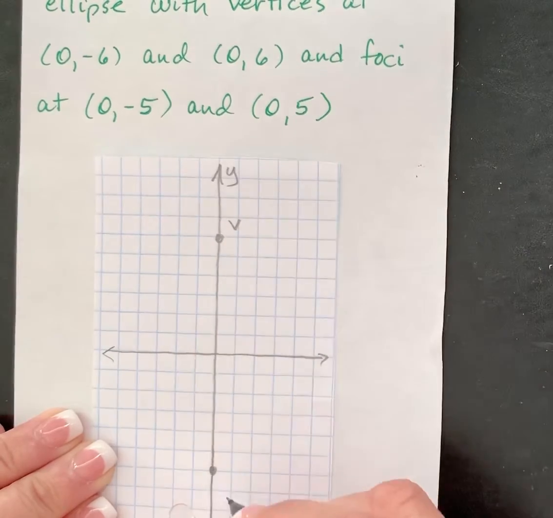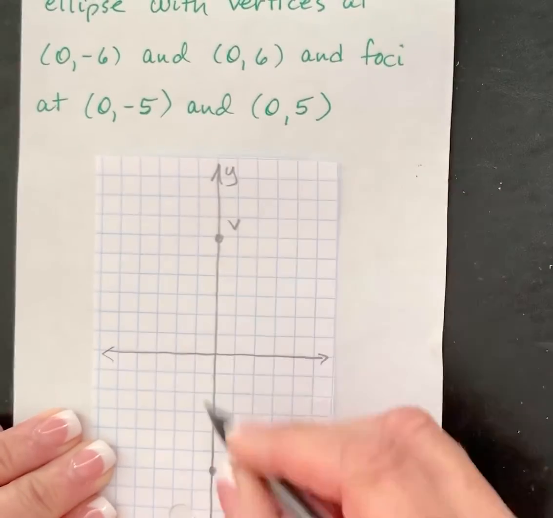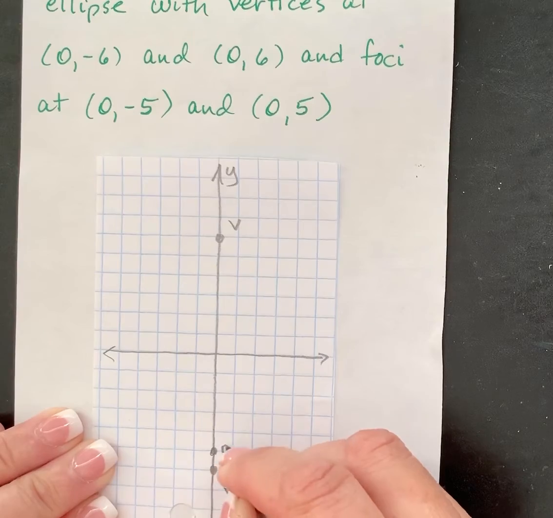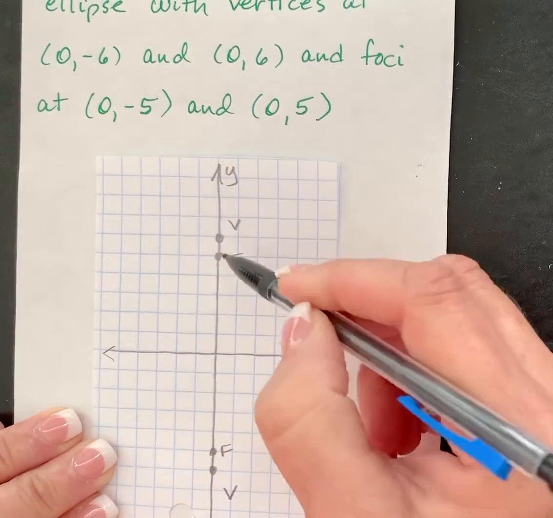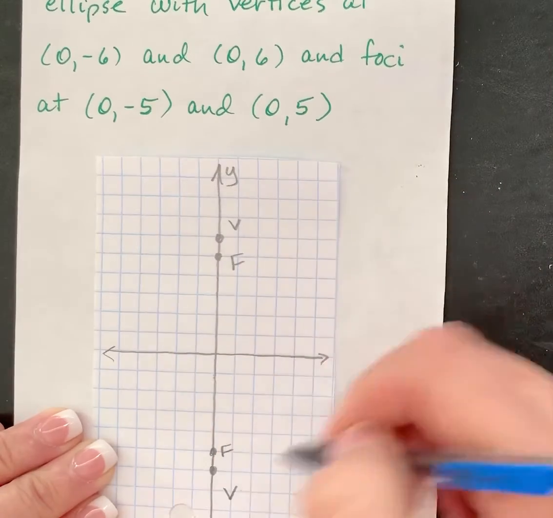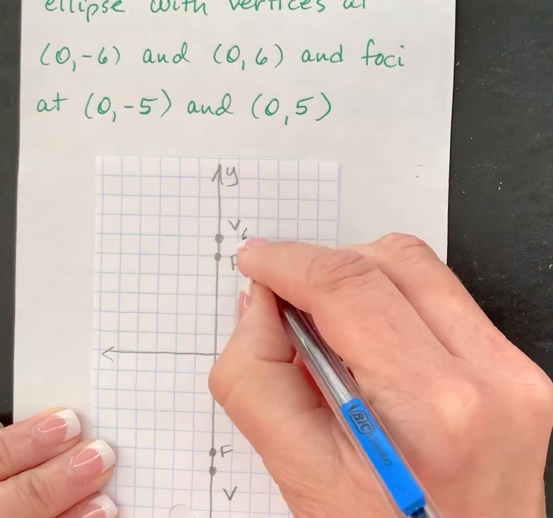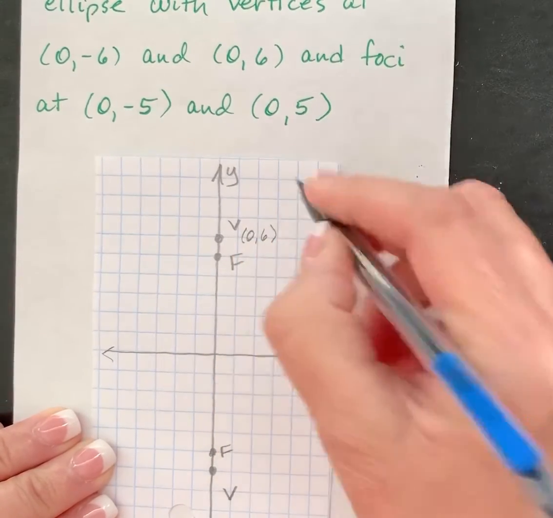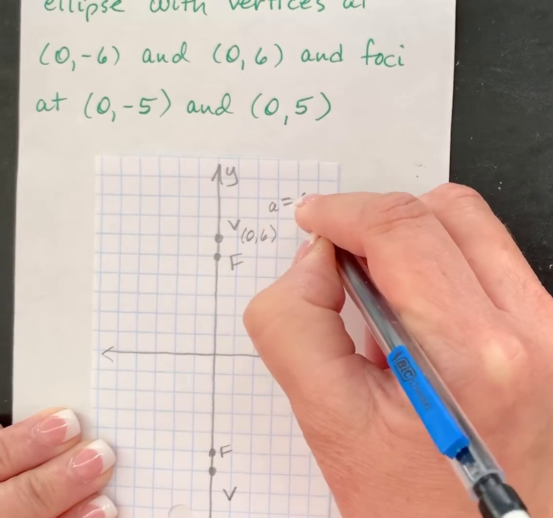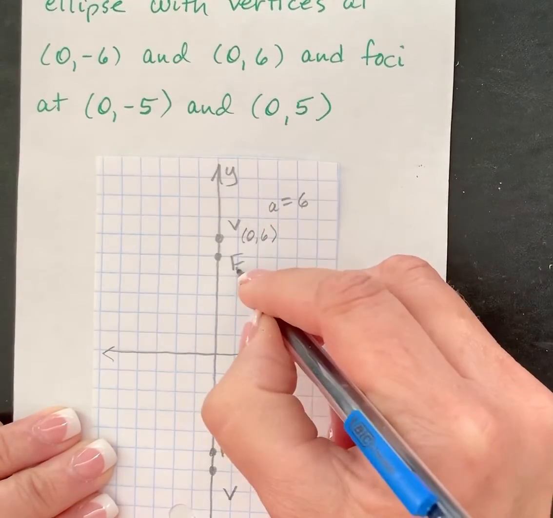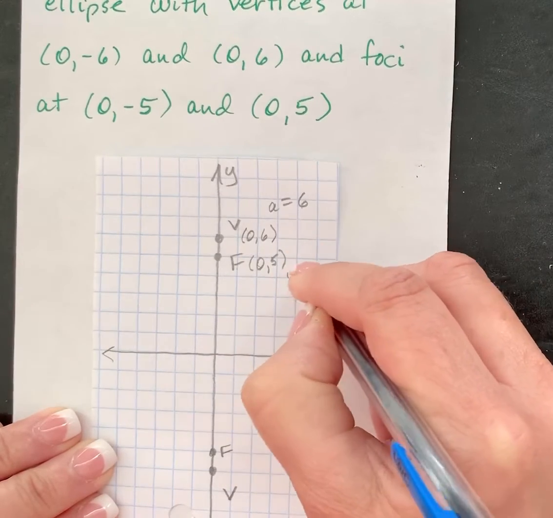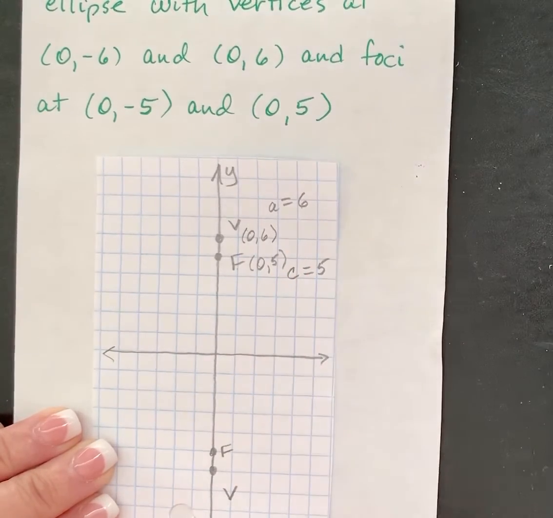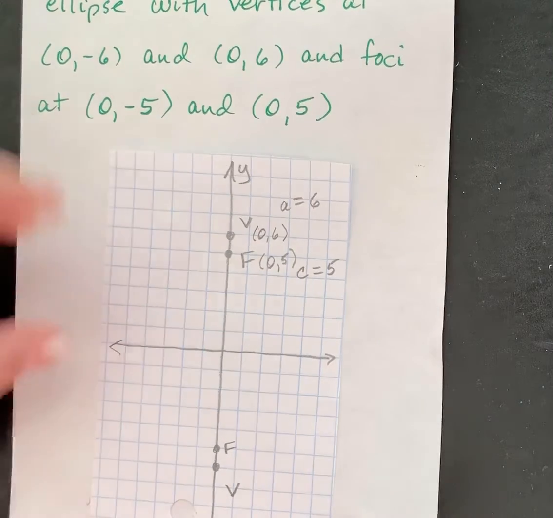Those are vertices, and then you have a focus at (0, -5) and (0, 5). All right, so the (0, 6) tells you that your a value is 6. The focus at (0, 5) tells you that your c value is 5. Okay, so you need to figure out b.